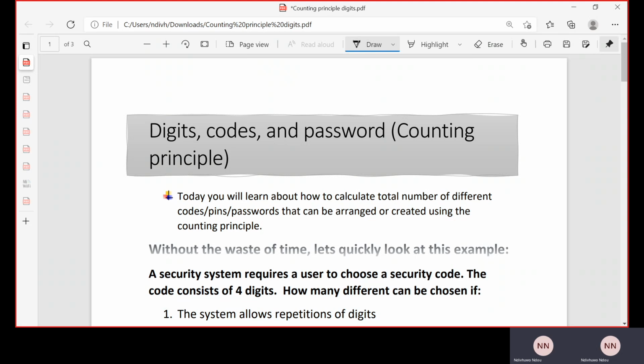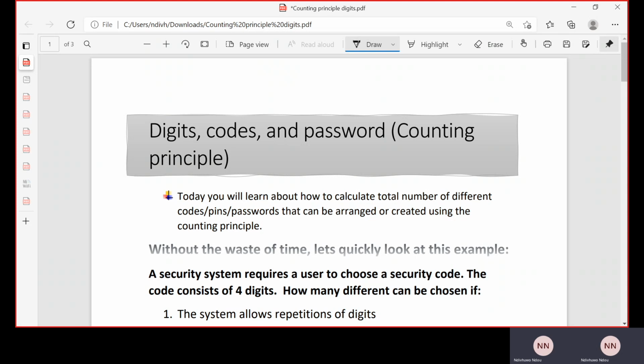Most companies use this system of counting principle to determine how many different pins they can create, if maybe they want to create certain codes for privacy and security. They might want to know how many different pins they can create in order to predict whether it will be possible for one to guess that pin or that code.